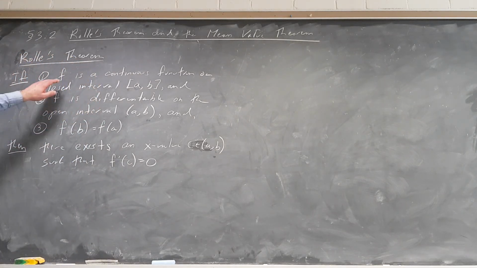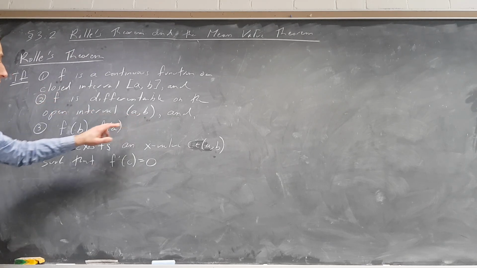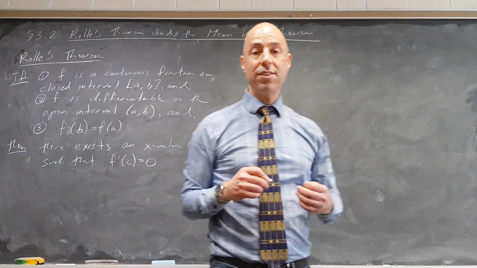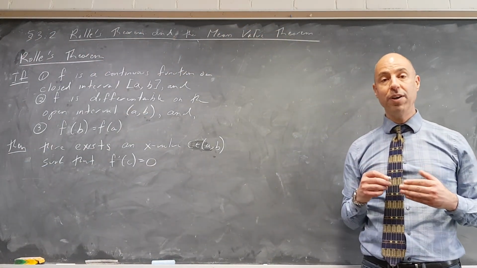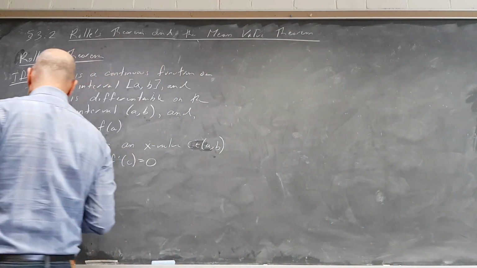So if f is a continuous function on the interval [a, b], f is differentiable between a and b, and f of b equals f of a, then there exists an x value somewhere between a and b such that the derivative at that x value is equal to 0. Hopefully that's sort of an intuitive statement.